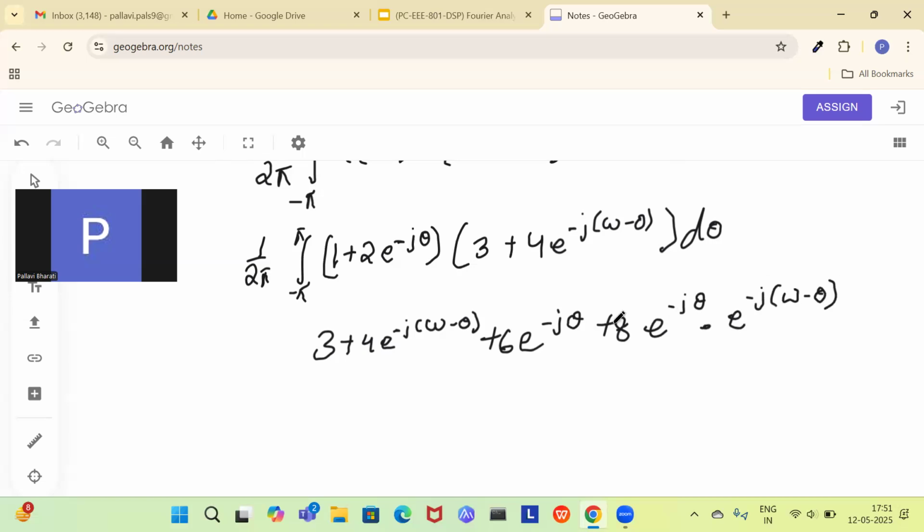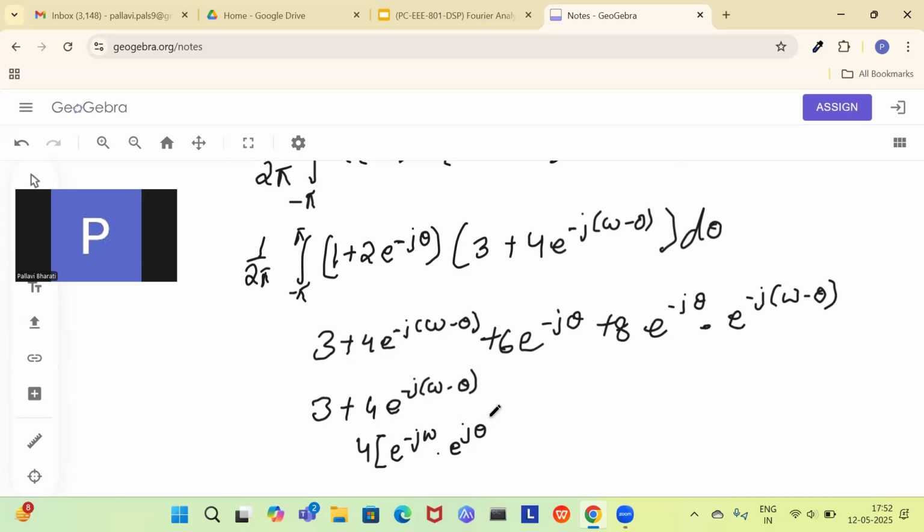So let us first multiply it properly so that we get a simpler term to integrate. 3 plus 4 e to the power of minus j (omega minus theta). Now this minus j (omega minus theta) can be written as e to the power of minus j omega into e to the power of plus j theta. So we can write this one as 4 into e to the power of minus j omega into e to the power of plus j theta.